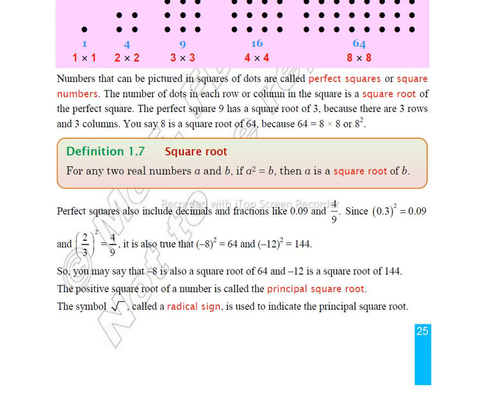Perfect squares may be decimal or fraction, fractional or non-fractional, a real number or natural number. So for example, if you take 4 over 9 or 0.09, it is a perfect square.